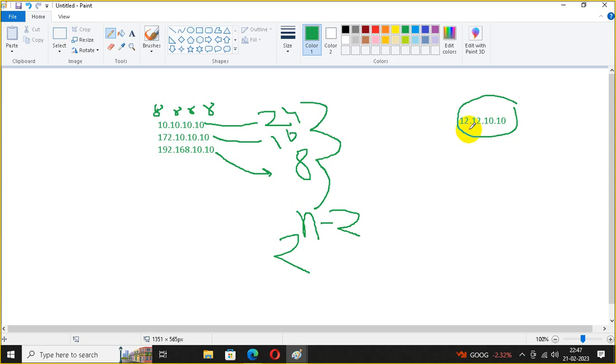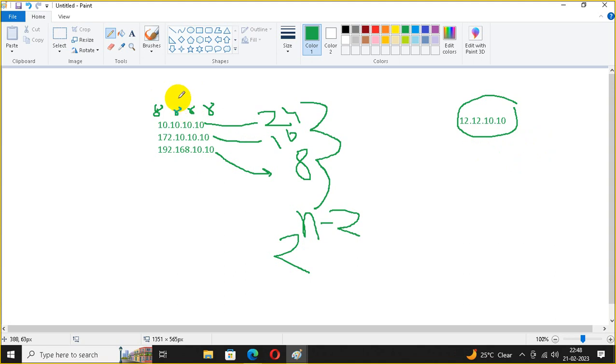You have taken this: one network byte, 3 host bytes, right? So how much is the host bit for 12.0.0.0? 24.